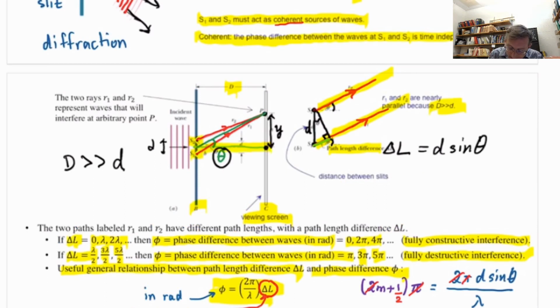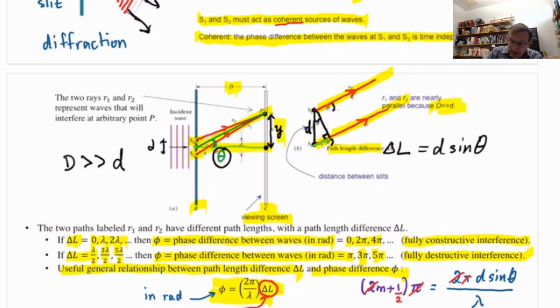Then take the line from the center of the slits up to point P. And theta is the angle between those two lines. So that can be a way to locate a point P on the screen. Tell me what theta it is. But another way to locate point P is to tell me its y value. How far up or down along the screen is point P from the central point? And for that, I just need one more little bit of trig.